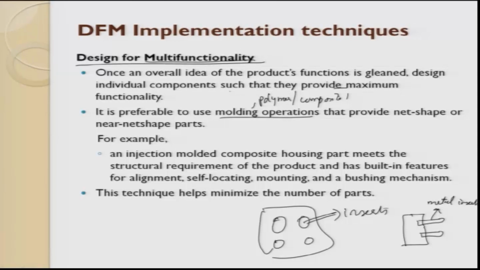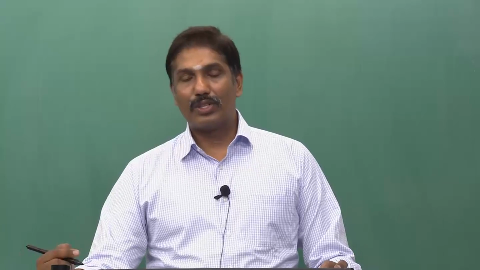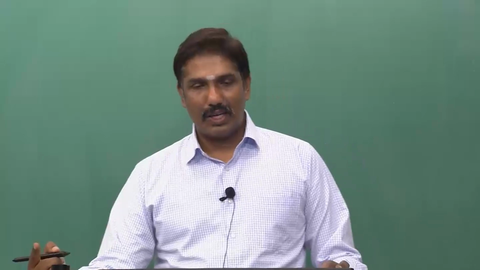For example, an injection molded composite housing part meets the structural requirement of the part and has built-in features for alignment, self-locking, mounting and bushing mechanism. This is why, in the first introductory lecture, I was talking to you about construction of houses at disaster locations.